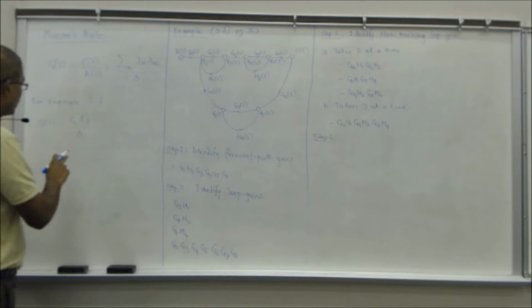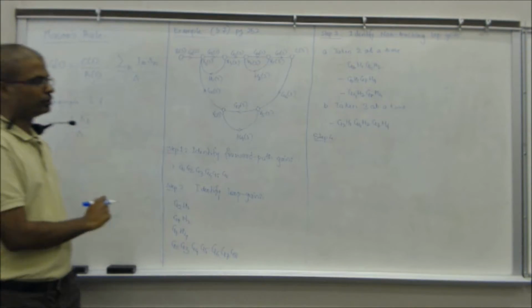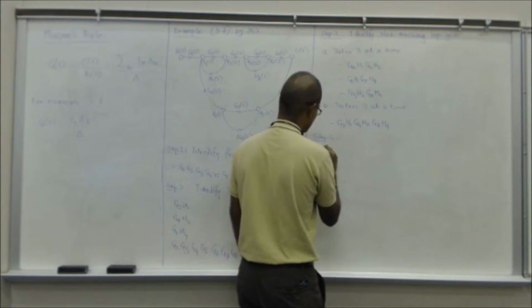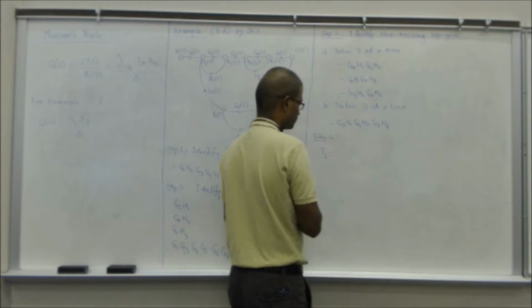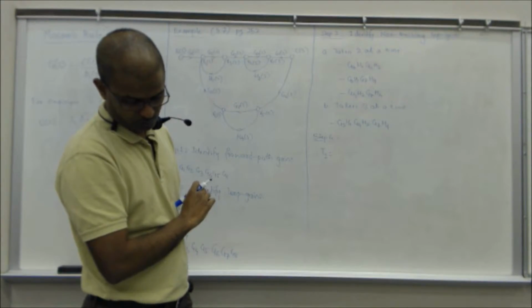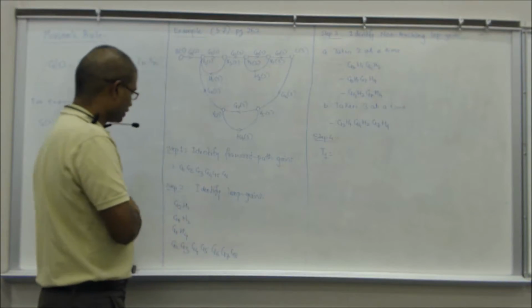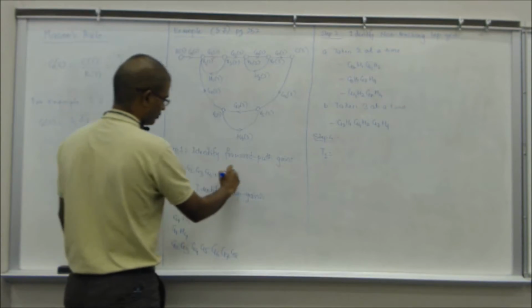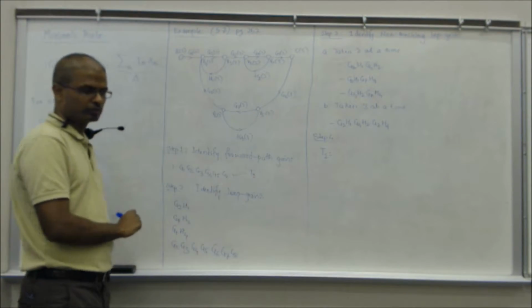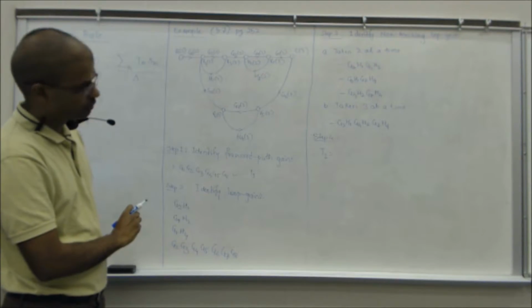So what do you need to calculate here? You need to calculate T1, delta 1 and delta. So step 4, you start with T1. T1 is simply this. All right.